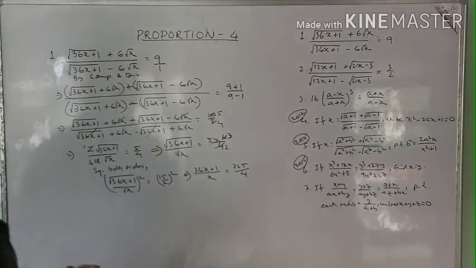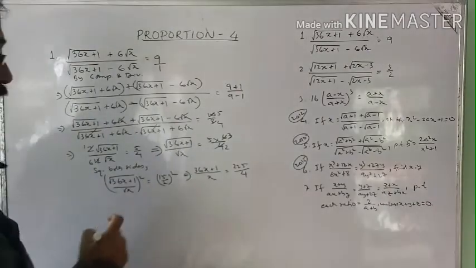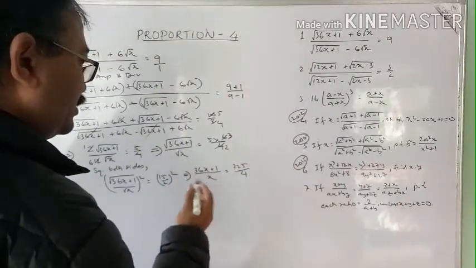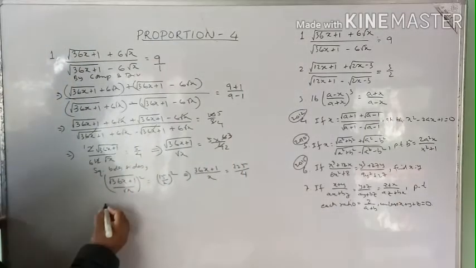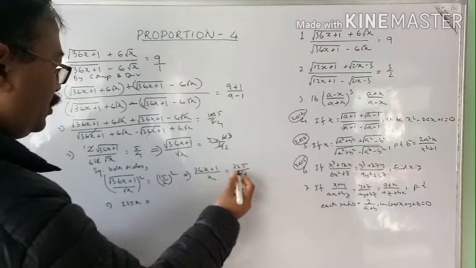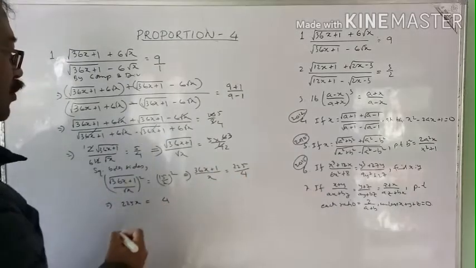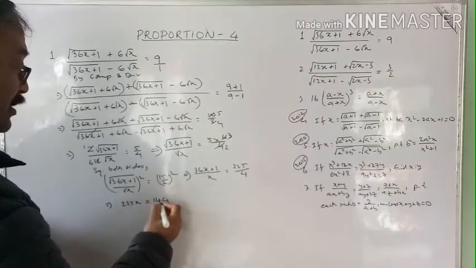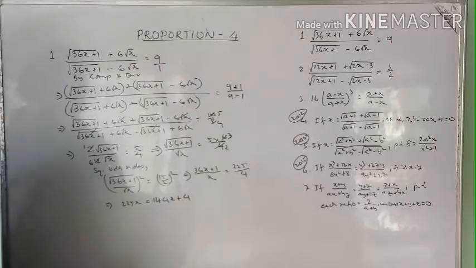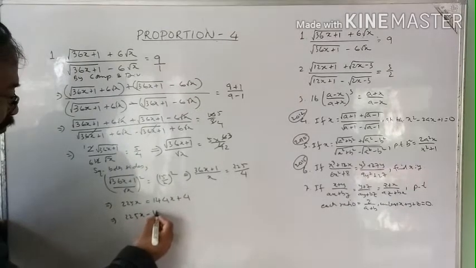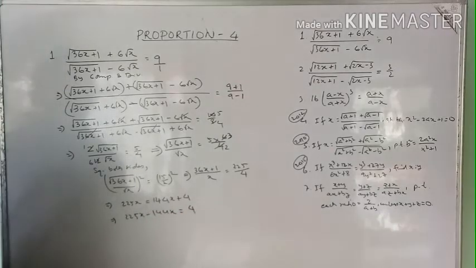Now you can cross multiply and find the value of x. Multiply this way, so x into 225 is 225x equal to 4 times (36x+1), that is 144x plus 4. Now 144x you can bring to the left hand side, so you get 225x minus 144x equal to 4.